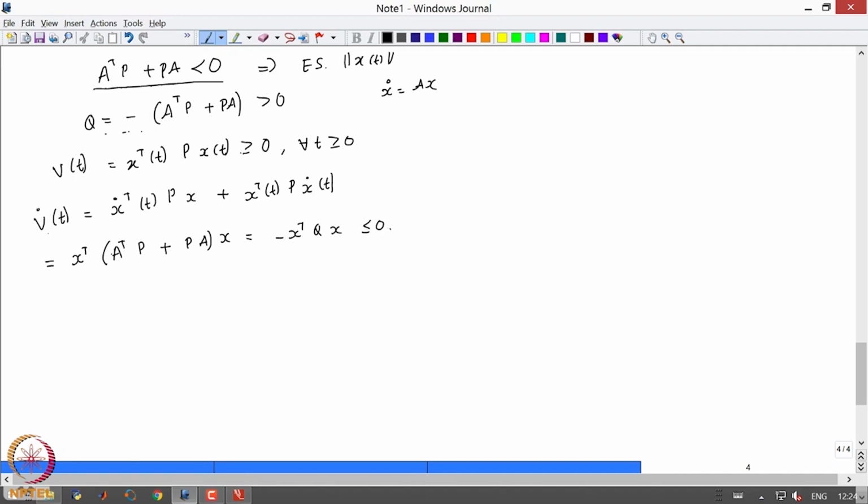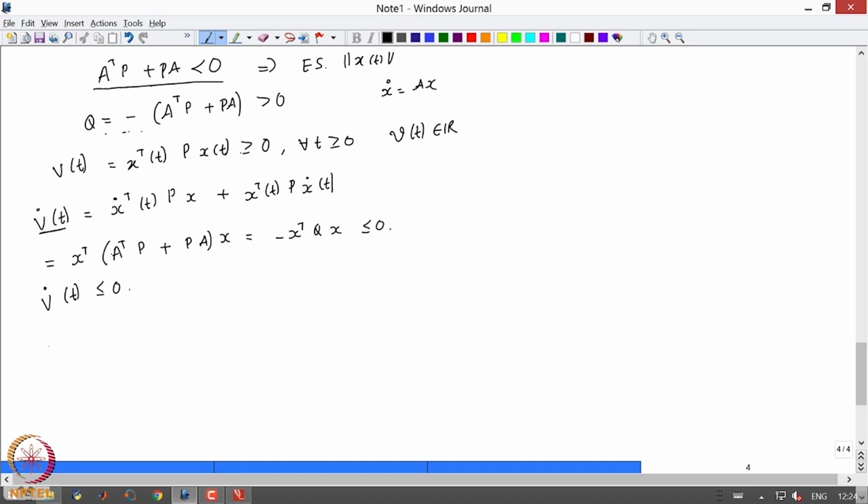Okay. Now just look at this v dot. It's a function, right? So v is a real valued function, and v dot is now less than or equal to 0. Okay. So what does this mean?